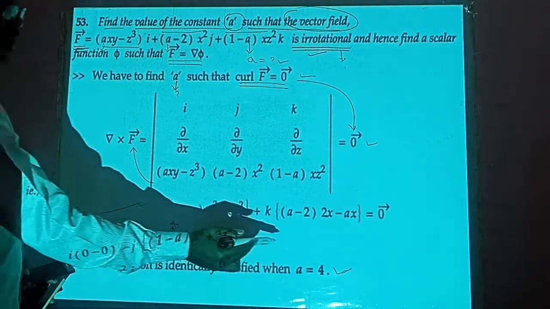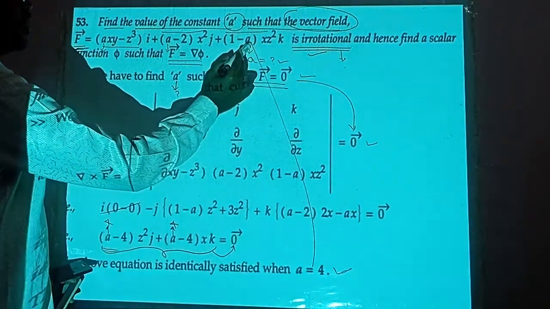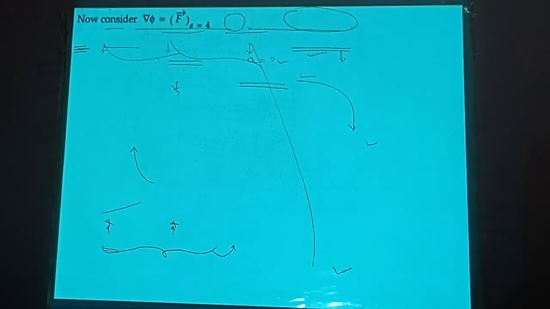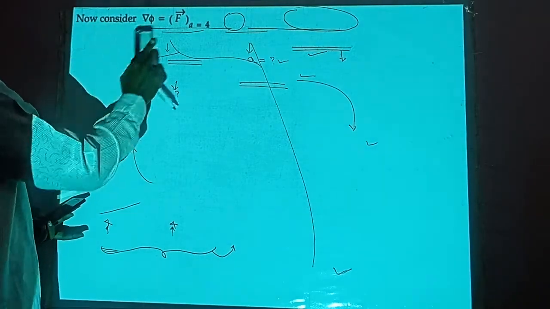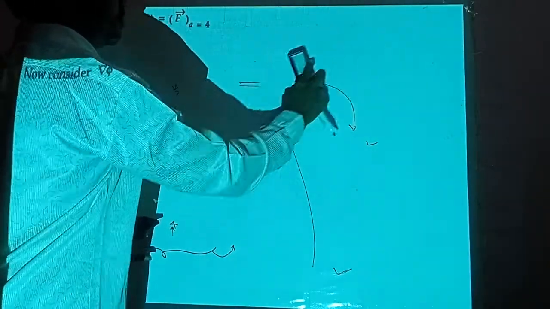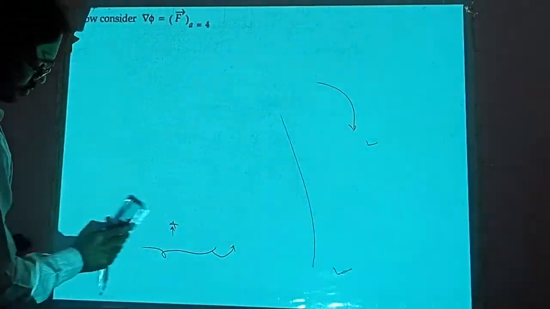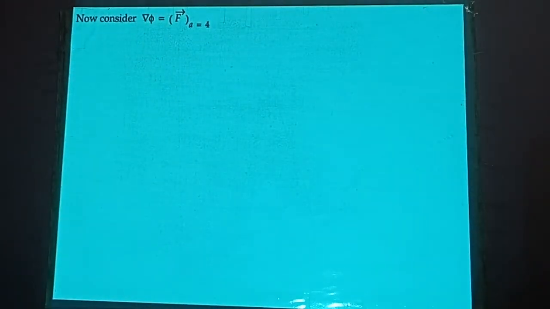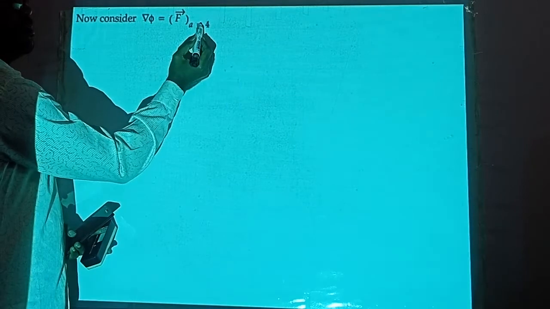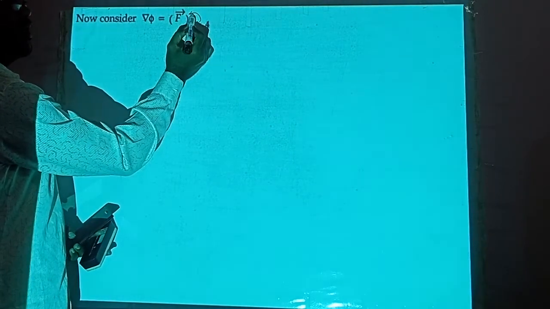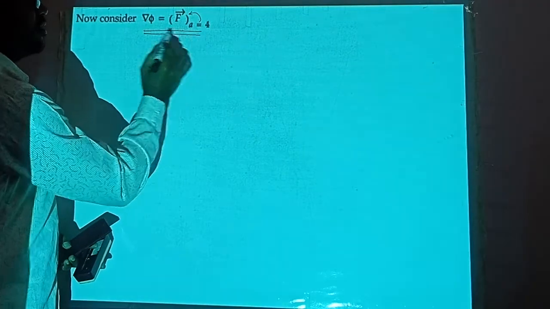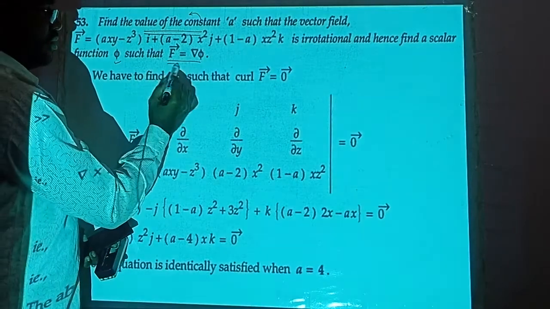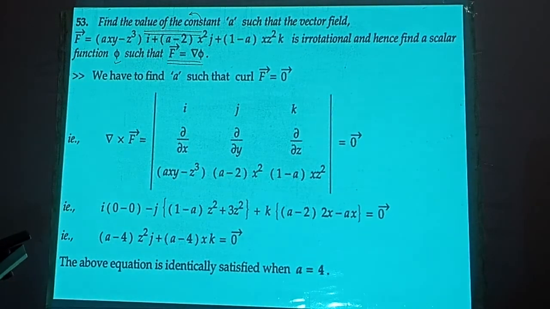Now let us put the value of a is equal to 4 everywhere in the given vector. Here, by taking a is equal to 4 in the vector F and considering this condition, because in the question they have given, we need to find our phi by keeping this condition in mind.